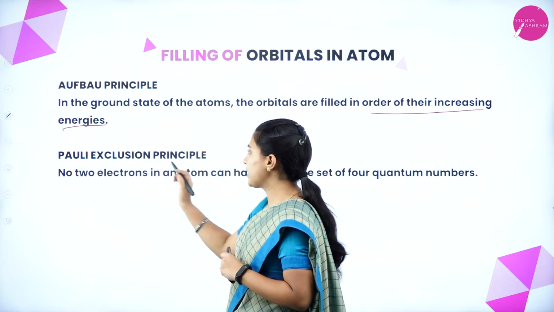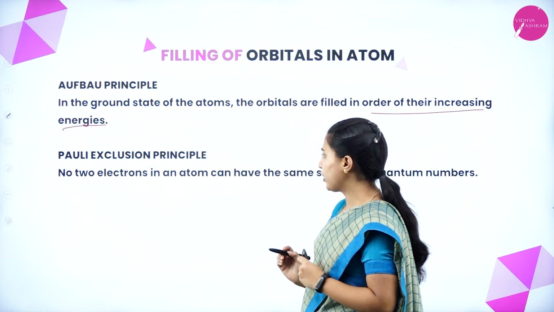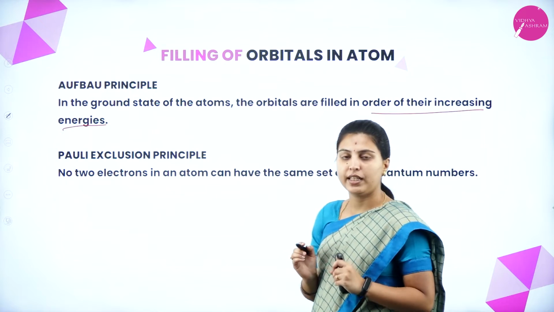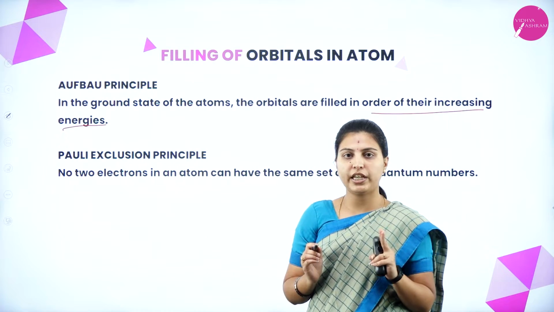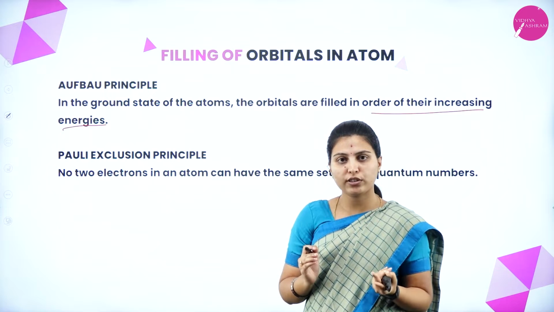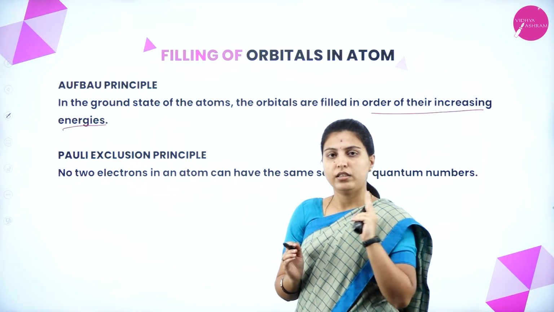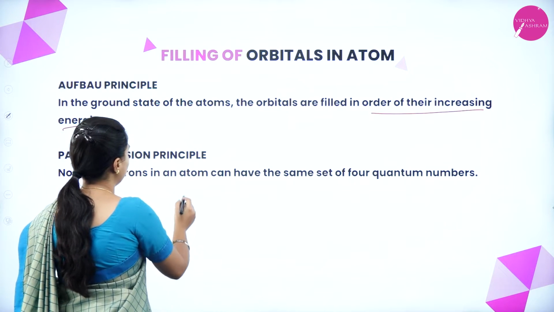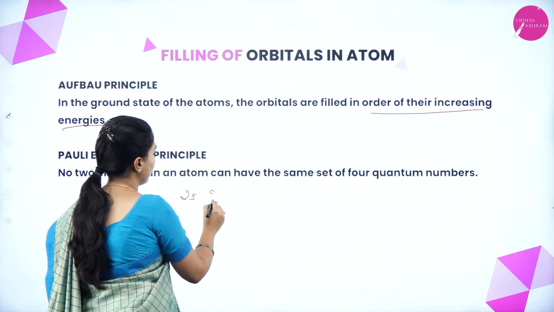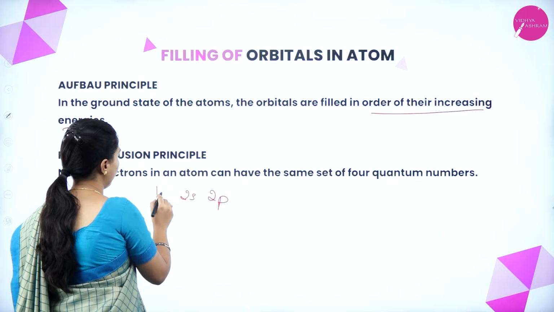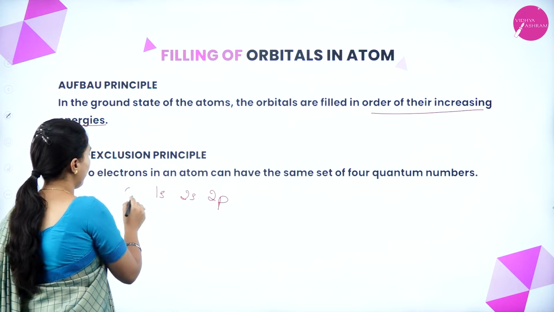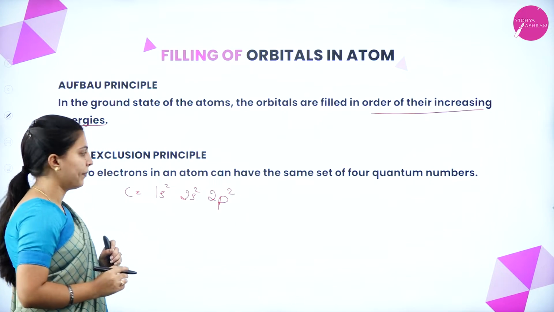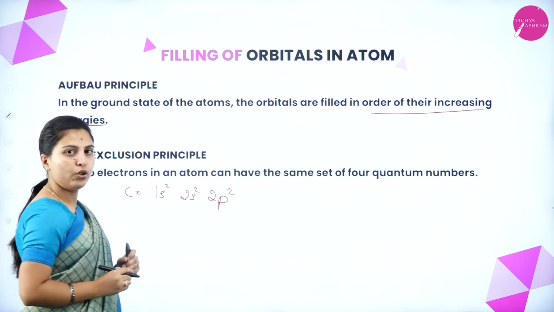Next, Pauli's exclusion principle. No two electrons in an atom can have the same set of 4 quantum numbers. There are 4 quantum numbers. Each orbital will have 2 electrons, and between those 2 the quantum numbers should not be the same. If we take carbon, 1s2, 2s2, 2p2, and consider 2s and 2p.